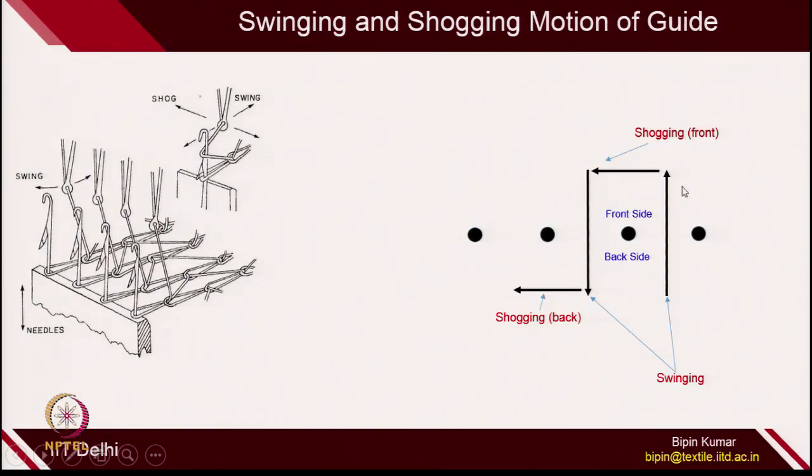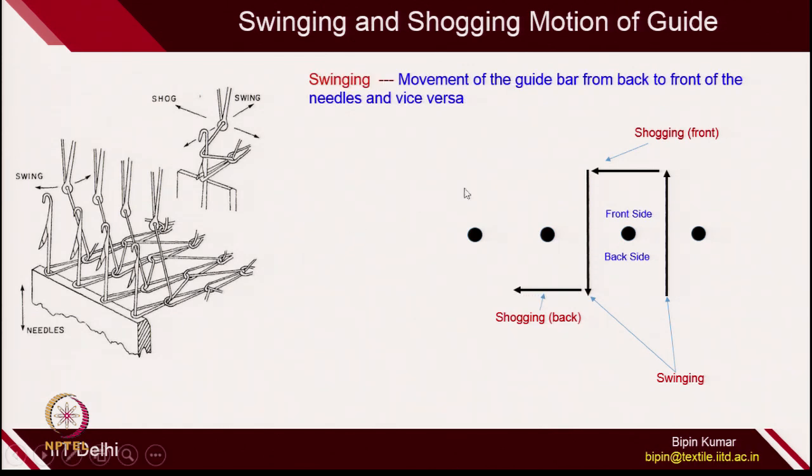Again, if you see here, these are the two swinging motions from back side to front side. The first motion is moving from the back side to the front side, which is swinging. Then it does shogging on the front side of the needle, which is the lateral displacement. Then again it does swinging, and finally it does shogging to change the needle position.